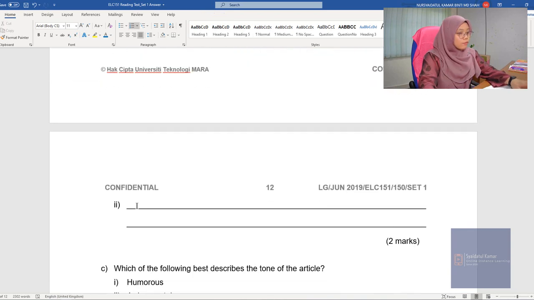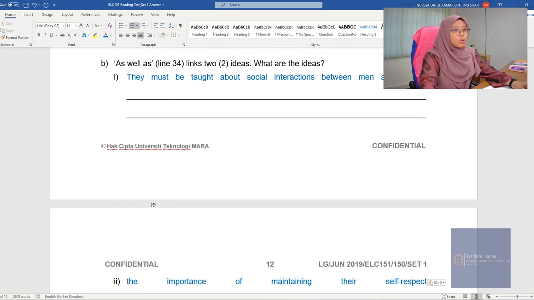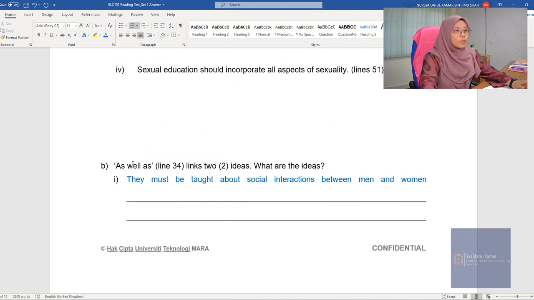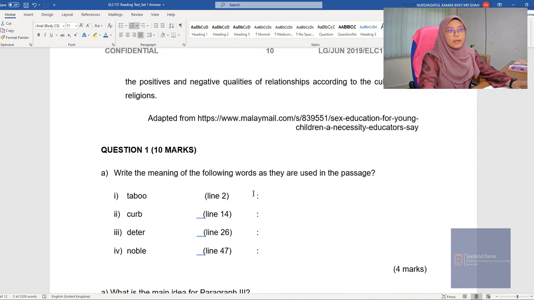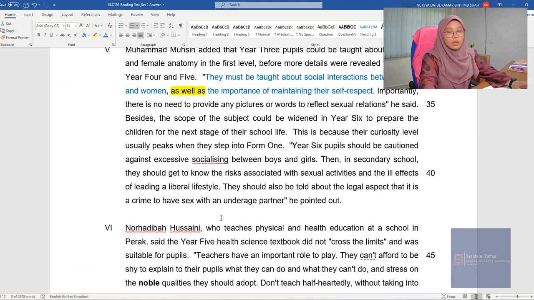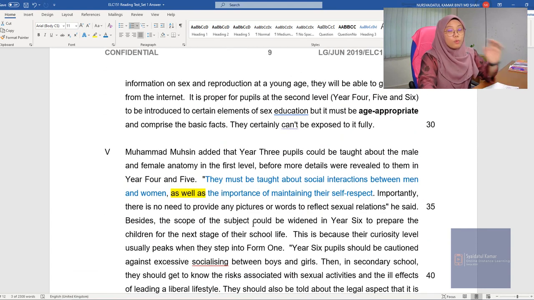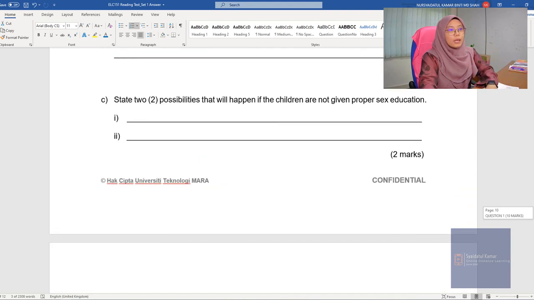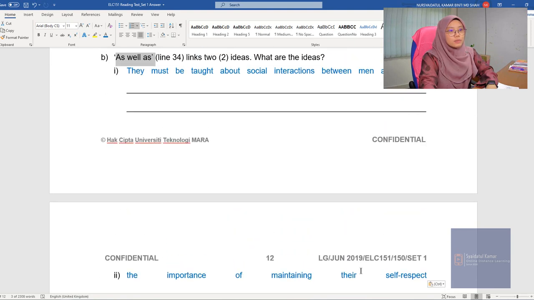So remember, for this question, you cannot put these words as part of the answer, because "as well as," which I have highlighted here, is part of the question. What you have to provide is actually the idea. So the connector, the linker itself, cannot be part of your answer.